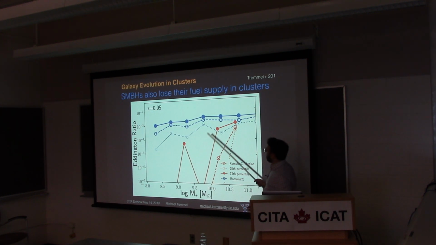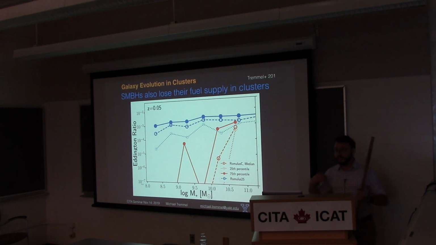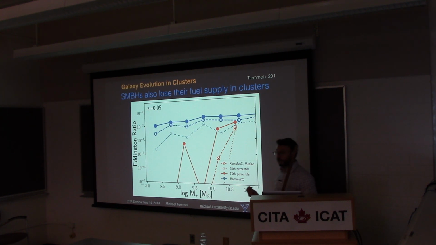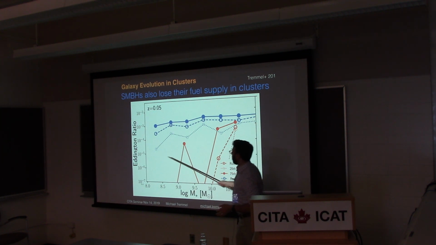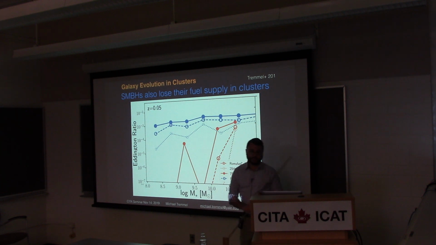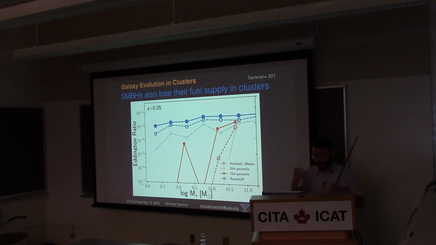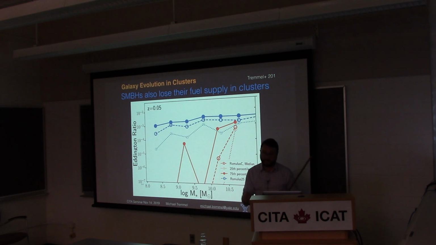In the field, what we see is even at low mass galaxies, so I didn't mention this much at the beginning, but in Romulus, even low mass galaxies are allowed to have black holes, as we see in real life. And these low mass black holes in these low mass galaxies still grow, albeit at low rates, 10 to the -4 Eddington ratios, but still they're growing at least to some amount, while in the cluster environment, there's no black hole activity at all in galaxies of this mass, even among galaxies that have black holes.